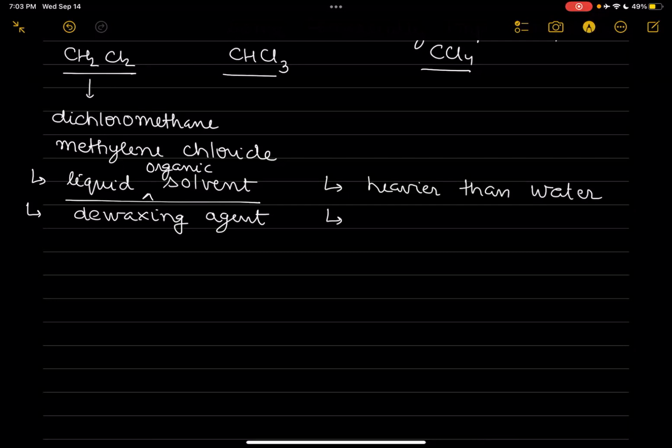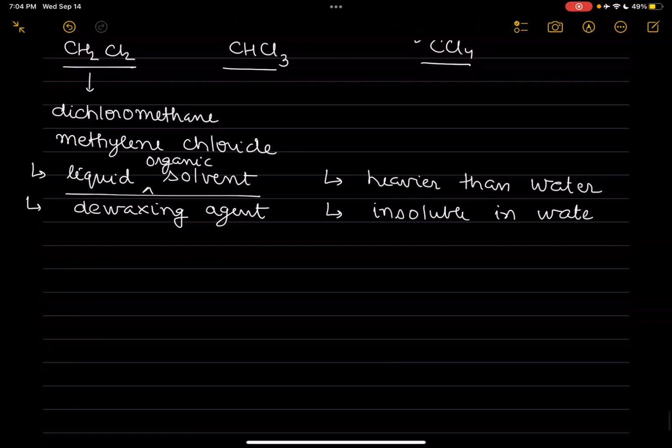And it is insoluble in water. Why is it insoluble in water? Anushka, tell me. Sir, because if it's strong bonds, then it cannot be broken. Yeah, actually in water, the molecules hold each other by hydrogen bonds.